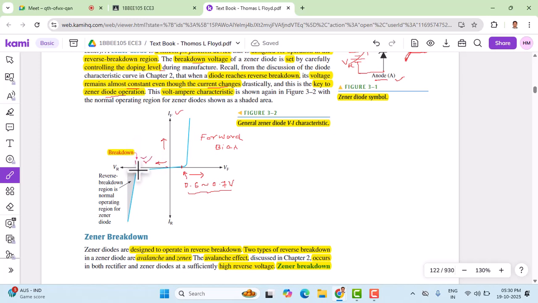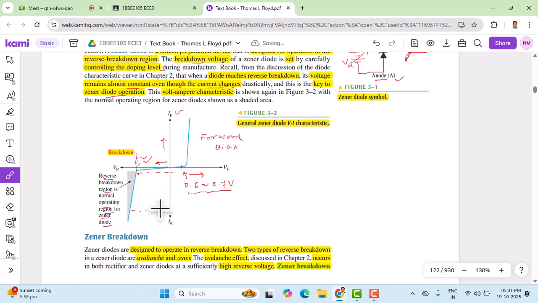you can see there is a sudden surge of current. A large current starts flowing here. This is the reverse breakdown region, the normal operating region for the Zener diode in the reverse bias condition. When the Zener diode is operated in the breakdown region, we can see a huge change in the current levels, which we mark along the y-axis.